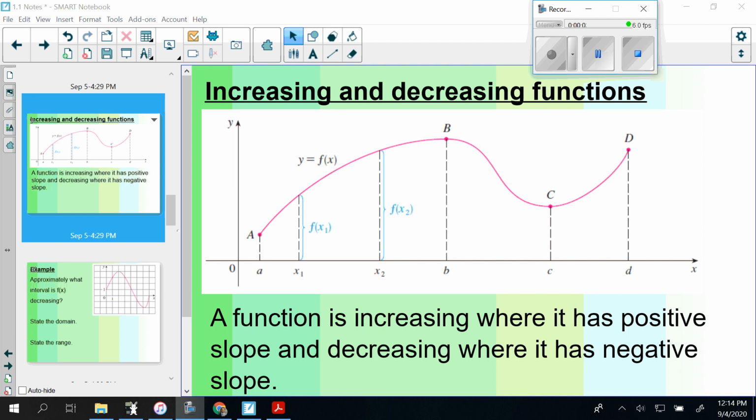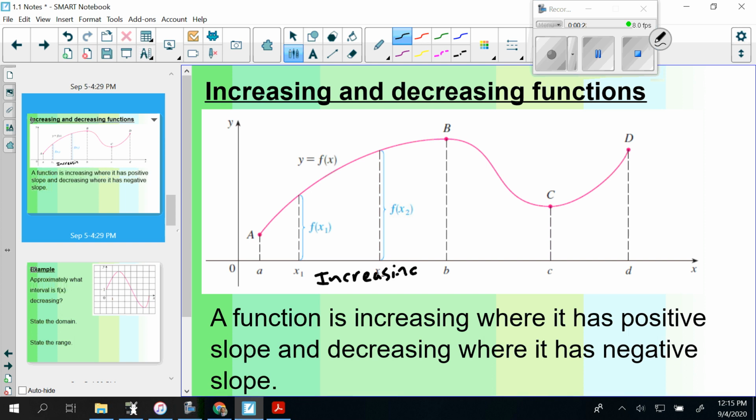All right, another thing we can look at with functions is increasing and decreasing function. A function is increasing where it has positive slope and decreasing where it has negative slope. So if we were looking at this particular graph, where it's increasing would be this whole range here from A to B, it's increasing because we can see it slanting up.